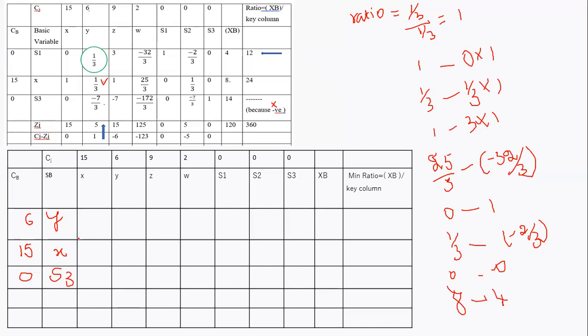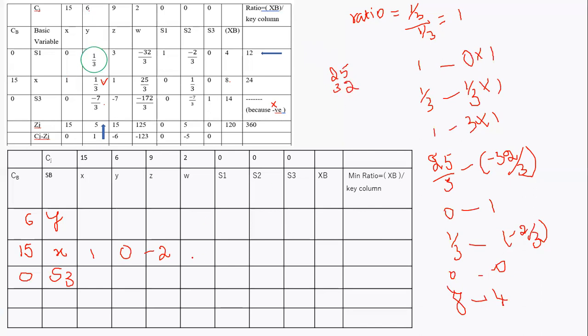So with that, we get the entries. The new entries we get as 1, and then we'll be having 0, right? So this is 1. Here 1 by 3 minus 1 by 3. So I'll be getting it as 0. And then 1 minus 3, therefore we'll be getting it as minus 2. And here minus will become plus. So you'll be having 25 plus 32.